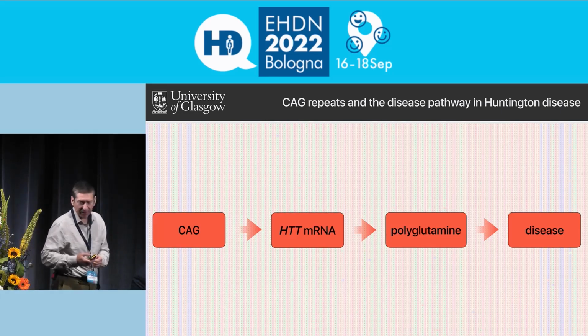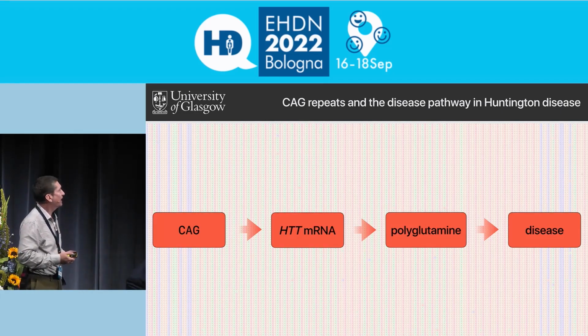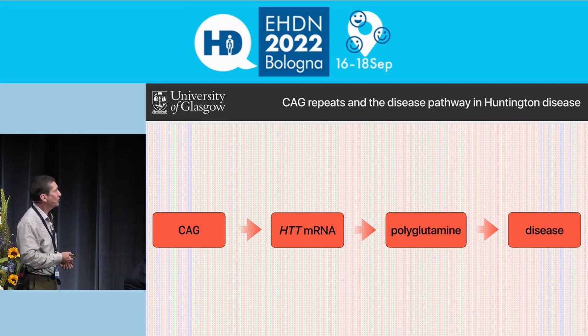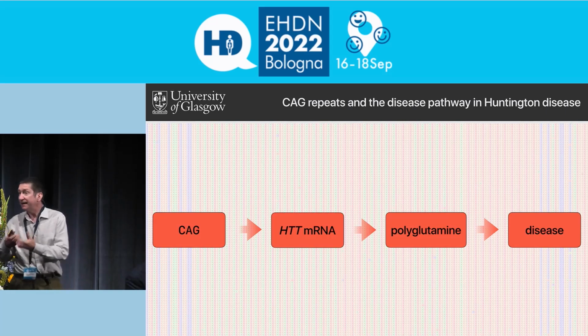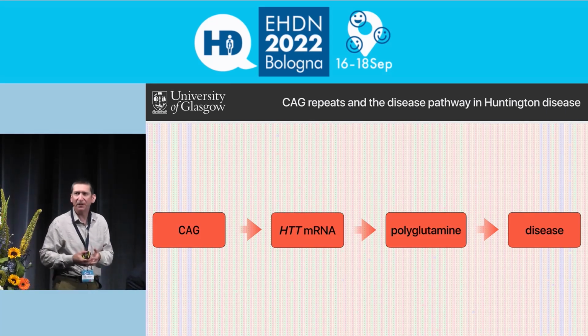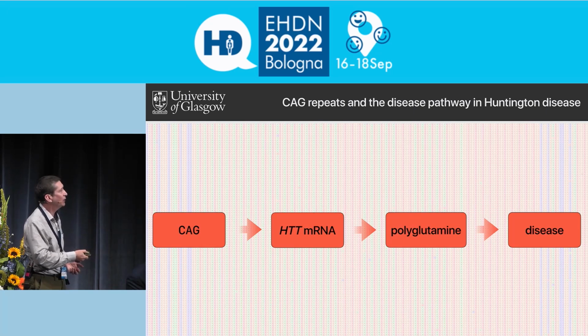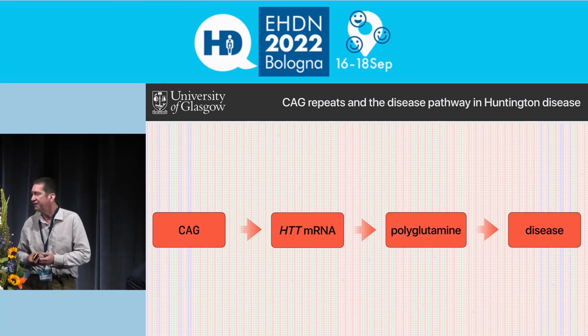So again, as Jill alluded to, our traditional understanding of the disease is that we start with a CAG repeat that is transcribed into the mRNA, that then is translated into a protein, and it's really the polyglutamine within the protein that is the pathogenic element. And it's the increase in CAG that leads to an increase in glutamines that then leads to the disease.